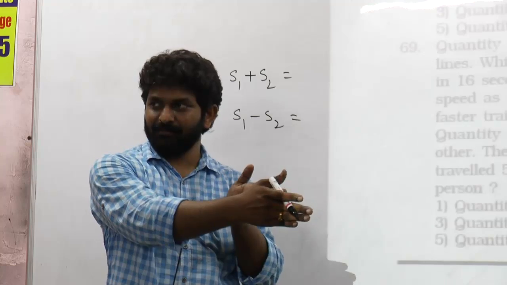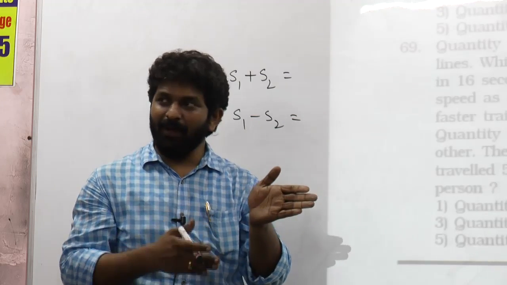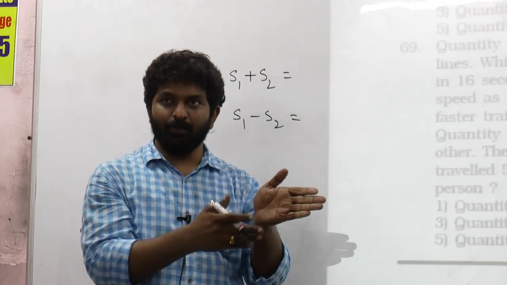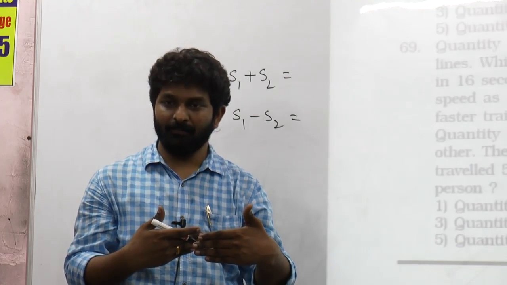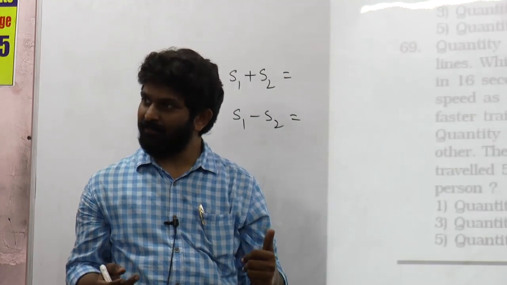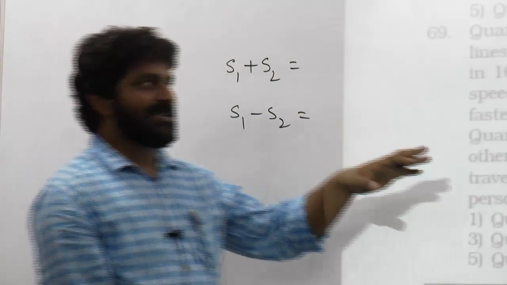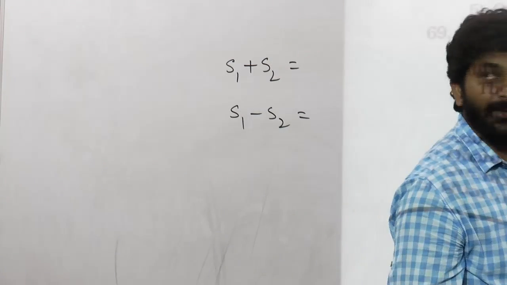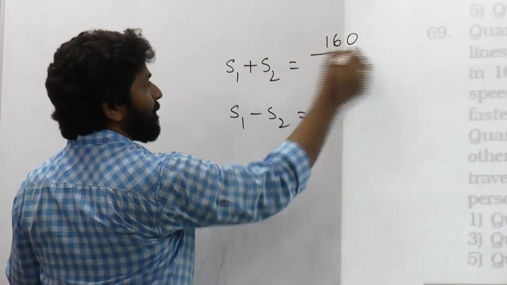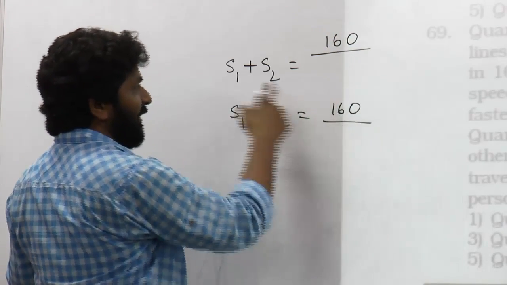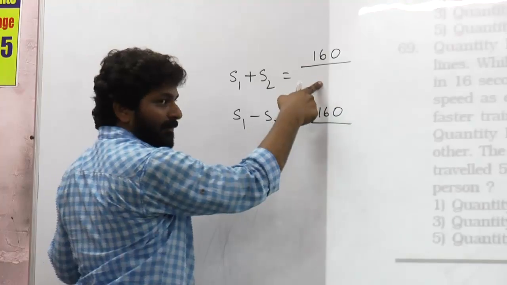Train length 1 plus train length 2, in any direction. How much is total length of 2 trains? 160. So total distance travelled is 160 here also.